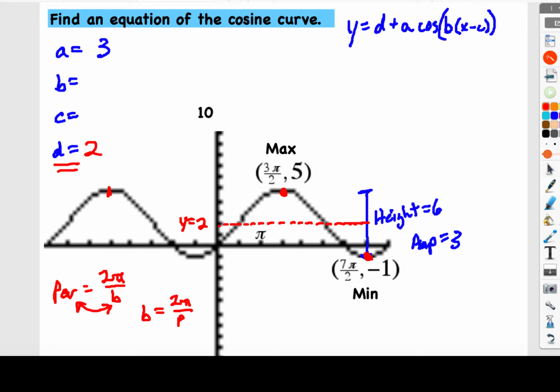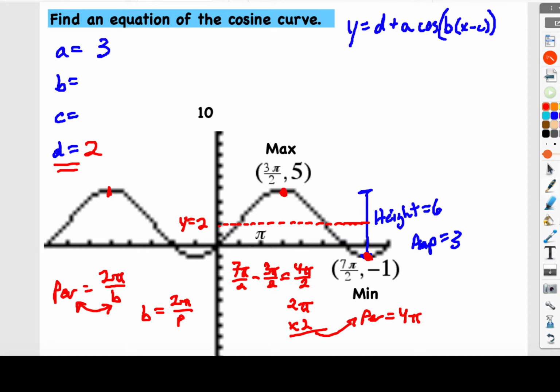Well, 7 pi over 2 minus 3 pi over 2 is going to be 4 pi over 2, or basically 2 pi. But now remember, that's only max to min, high to low. That's only half the period. So by doubling that, times 2, we're going to figure out very quickly that the period equals 4 pi.